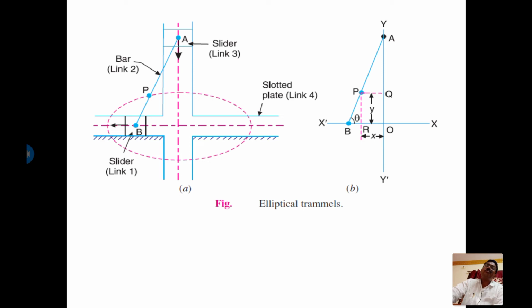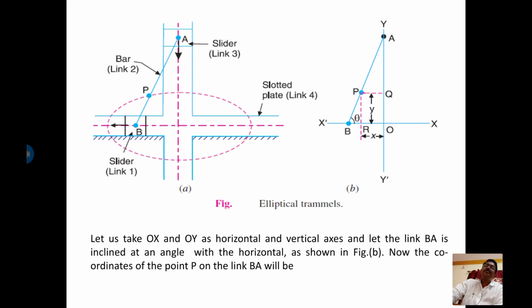Now in this case we observe the position of point P at a horizontal distance x from O and vertical distance y. So this relation you can find out. OX and OY are the horizontal and vertical axes. Let the link BA be inclined at an angle theta with the horizontal.